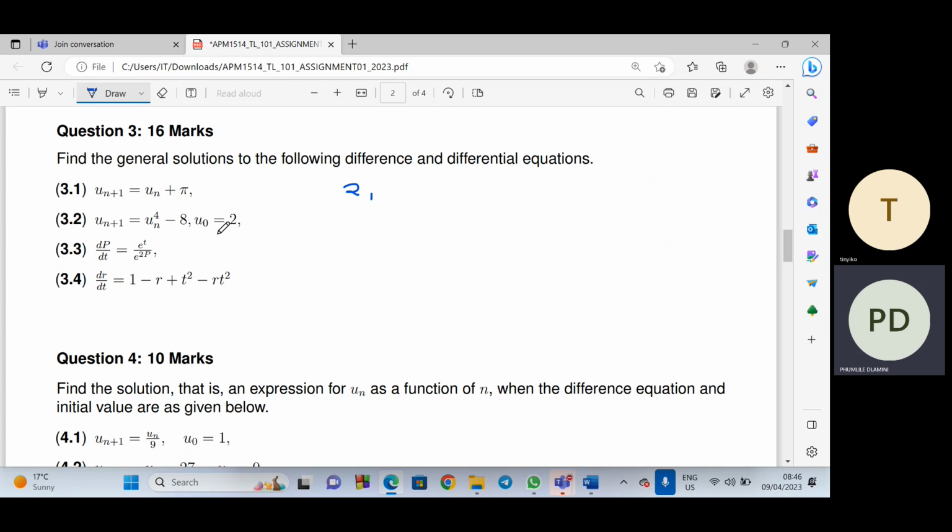Then the second term, to get mu 1, we substitute 0 here: mu 1 equals mu 0 to the power 4 minus 8, which means it's going to be 2 to the power 4. 2 to the power 4 is 2 times 2 times 2 times 2, which is 16. Then 16 minus 8, so the second term is going to be 8.